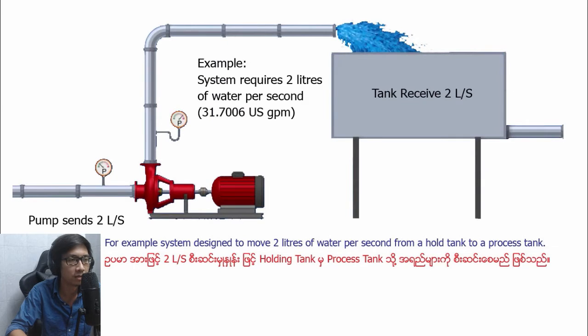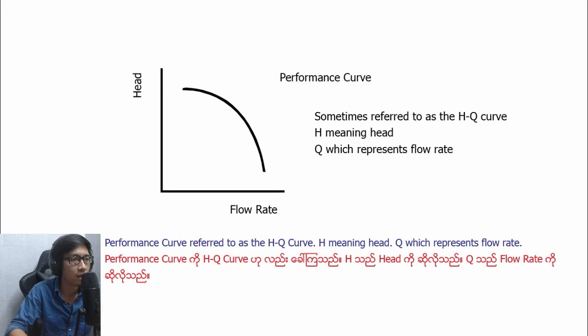For example, a system designed to move 2 liters of water per second from a hold tank to a process tank. Performance curve, often referred to as the HQ curve. H means head, Q represents flow rate.